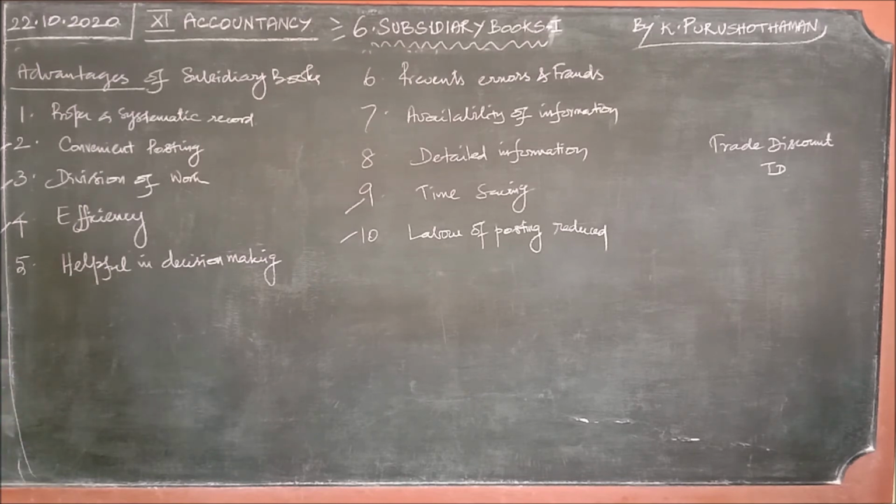We just write the name of the trader in the particulars column and write the amount in detail and the total. Different books are maintained separately: for purchases book, for sales book, for purchase return book, sales return book, and therefore the work is divided. Whereas in case of a journal, the accountant is given more tasks.